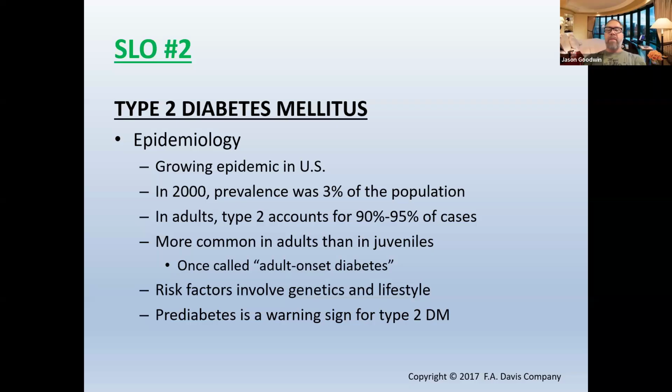Women who deliver a baby weighing more than 9 pounds, or were already diagnosed with gestational diabetes, pre-existing hypertension, women with polycystic ovary syndrome, or people with a hemoglobin A1c greater than about 5.7 or 6. Okay, and then a history of cardiovascular disease in your family. There is a strong hereditary disposition for this. And prediabetes, we call it, it's a warning sign of the development.